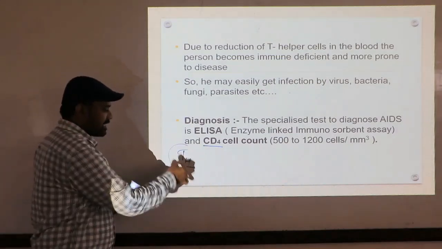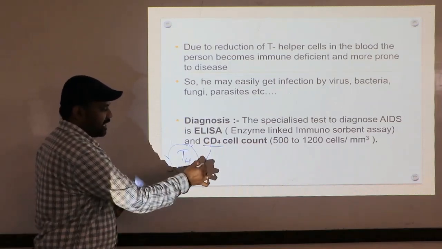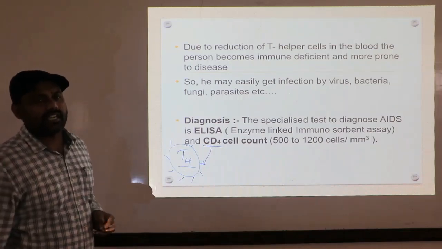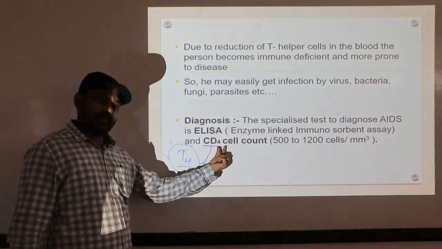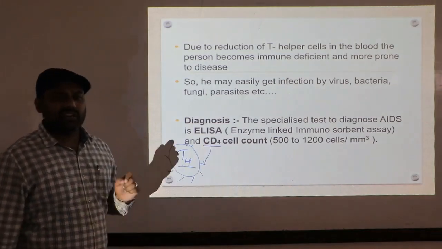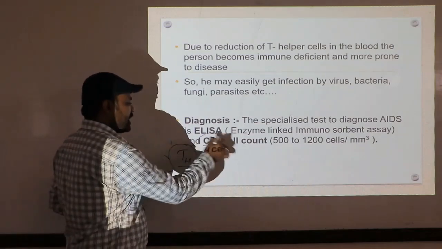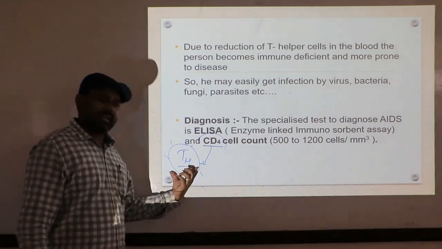This contains cell receptors called CD4. Here the word CD4 refers to cluster differentiation 4. Simple word, CD refers to cluster differentiation. So this is the cell receptor. It means that CD4 refers to T helper cell.